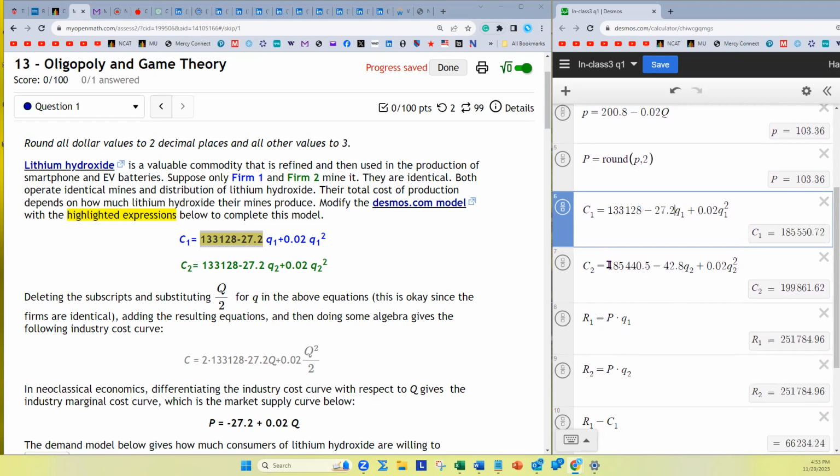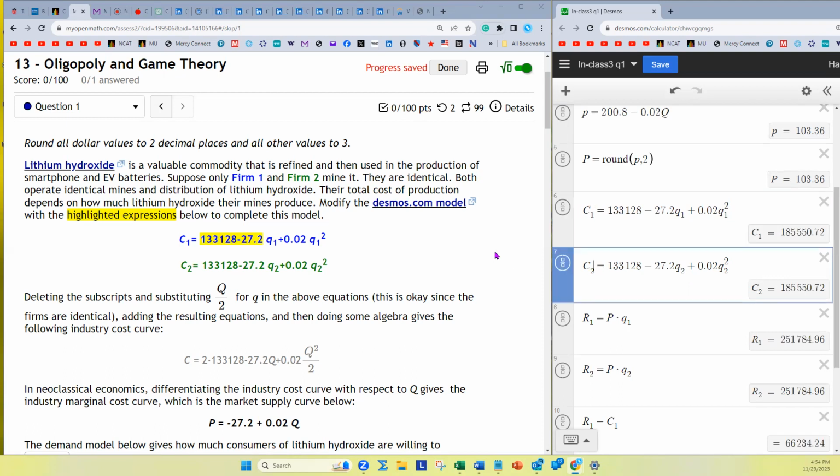Since both firms are identical, I do it for both cost equations. I just want to verify that my cost equations are indeed correct, and it looks like they are. So I have my cost equation for firm one, and my cost equation for firm two.